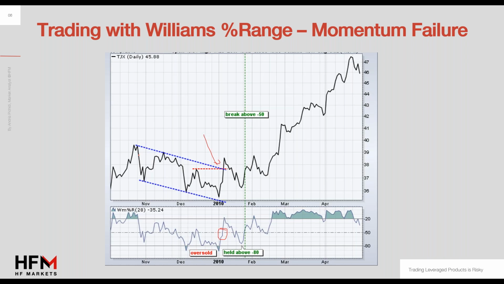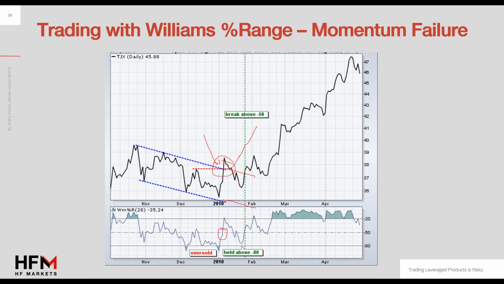As we have seen, the confirmation of a further move to the upside didn't really happen. It went straight back down, actually back into the down channel.